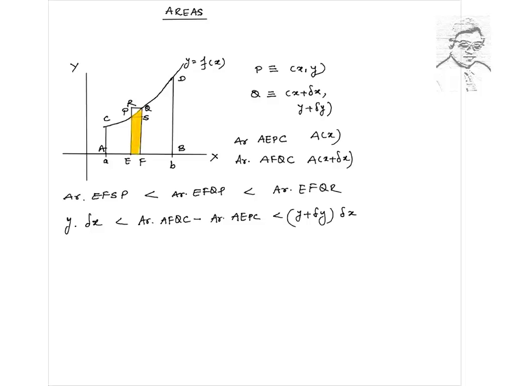And when we took point E at distance x from here, then this area AEPC we called A of x, and when x changed by delta x, this area AFQC, that we called A of x plus delta x. That means this.